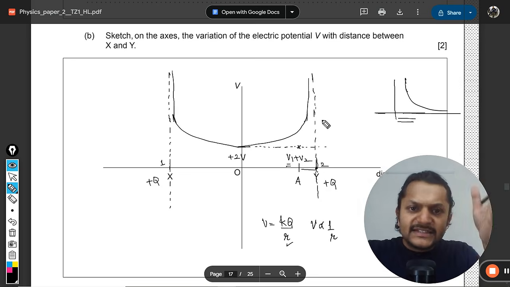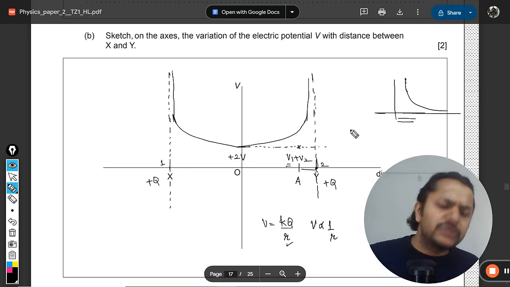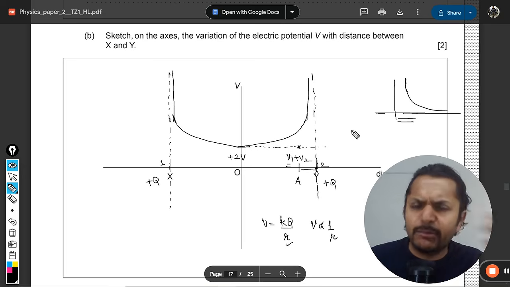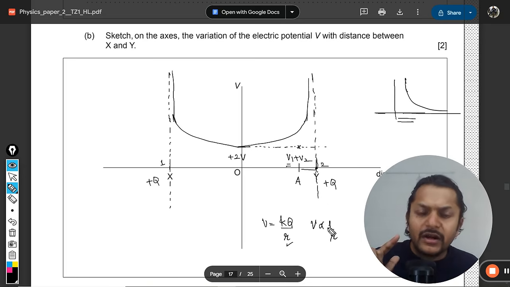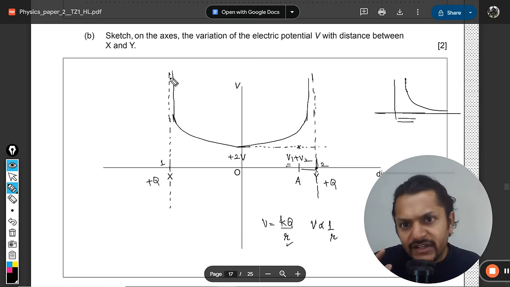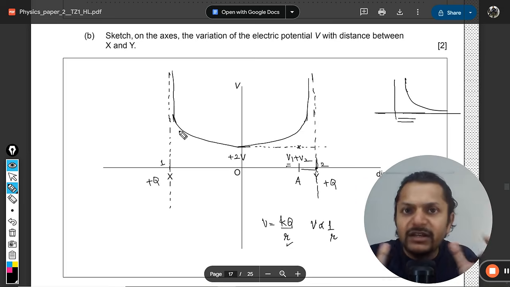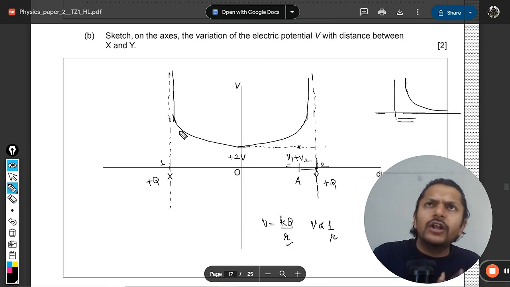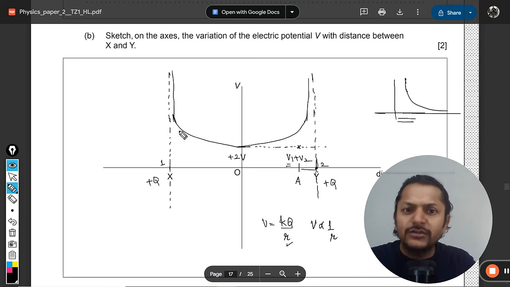So this is the exponential variation, or rather, sorry, not exponential, we should call it hyperbolic, by the way. V is directly proportional to 1 by R. So if the distance is reducing, this is becoming infinite, and even here it is becoming infinite. It's inverted, basically a bowl kind of thing. You can call it concave up. Yes, so this is concave up.